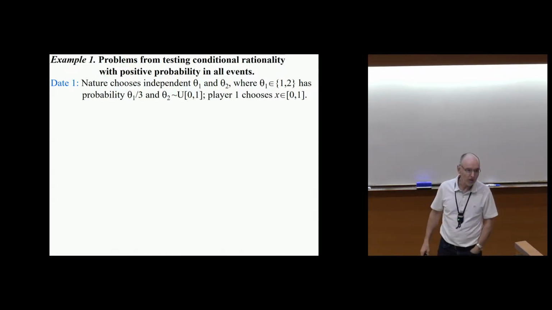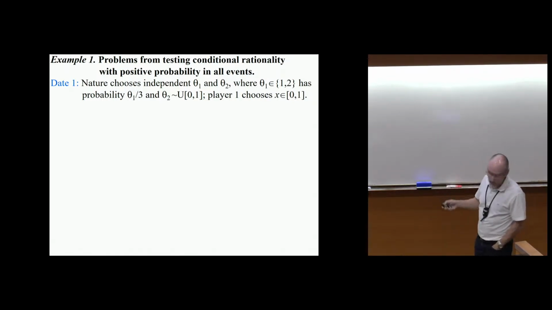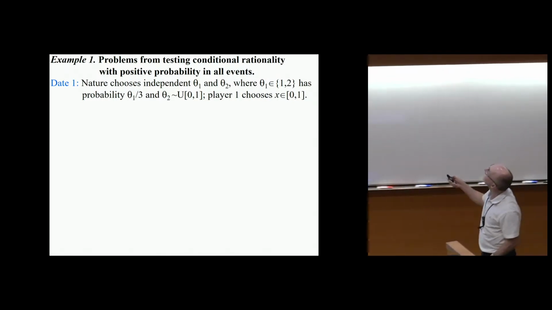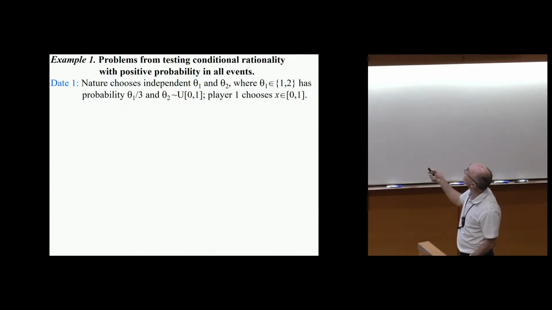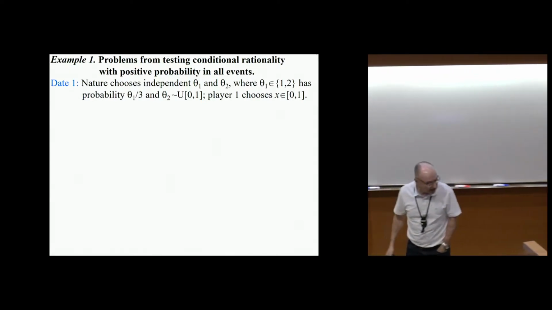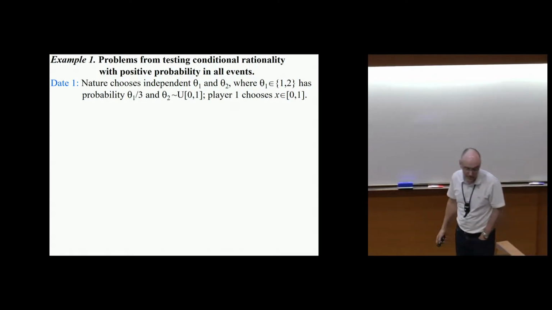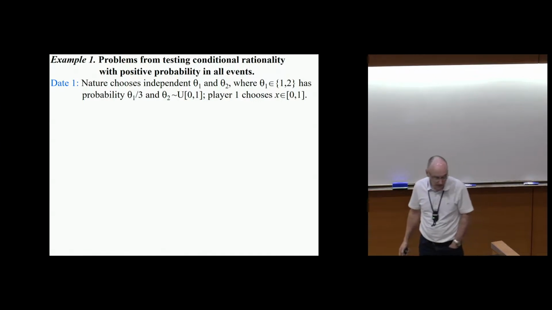Theta 1 is either 1 or 2, and 1 has probability 1/3 and 2 has probability 2/3. And theta 2 is uniform on 0, 1. Okay, so two coordinates. One of them is discrete, the first coordinate. Second coordinate chosen uniform on 0, 1.